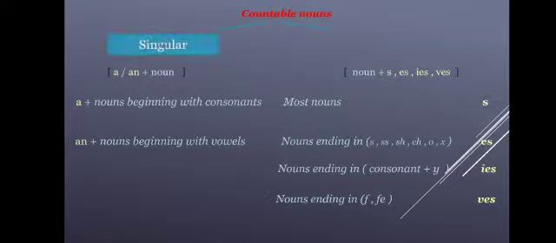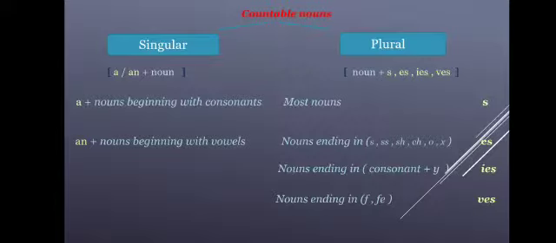So here, for countable nouns, we have two forms, singular and plural. For singular noun, we put a or an before the noun. A before nouns beginning with consonants, and an before nouns beginning with vowels.